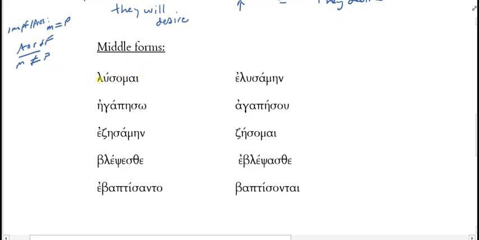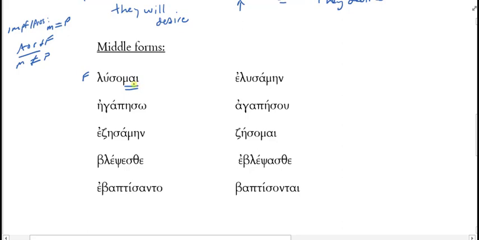All right, so let's look at lusomai. Compare that with elusamein. Lusomai, elusamein. Which one is future middle? Clearly, this first one is future. There's no augment. That means that it's not a past time form, so it's got to be future if it's one of the two. And then notice that my ending here is a primary ending.